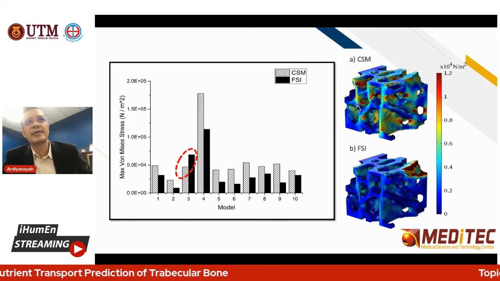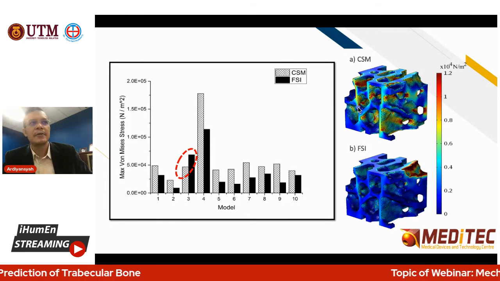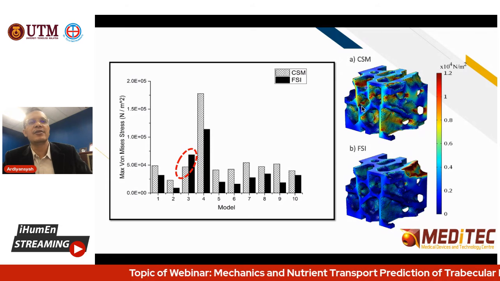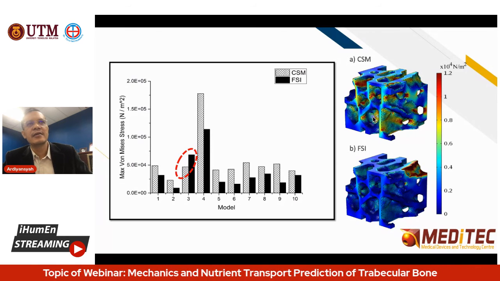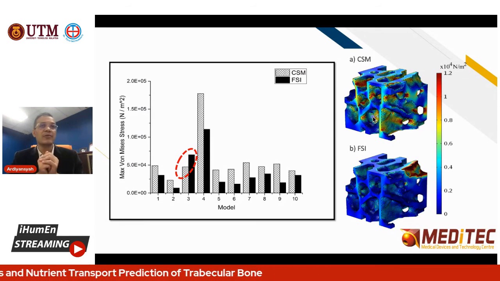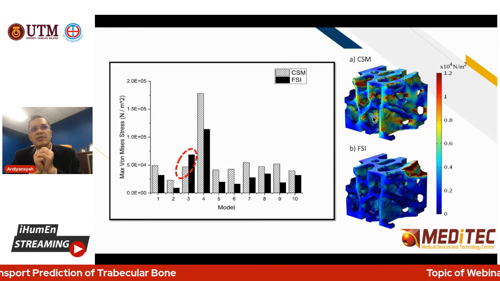If you check here with the same everything, the contour plot, the red color is lost here because there is no function of the support in the marrow. That is the importance of the marrow.